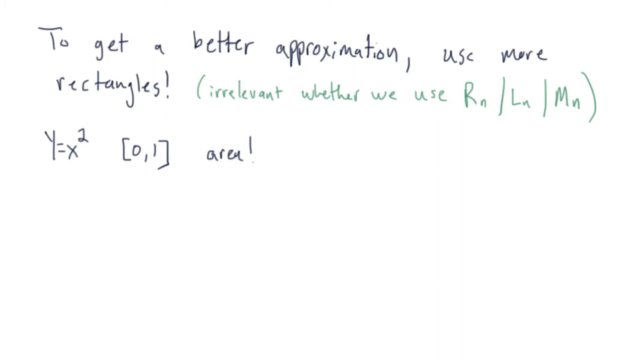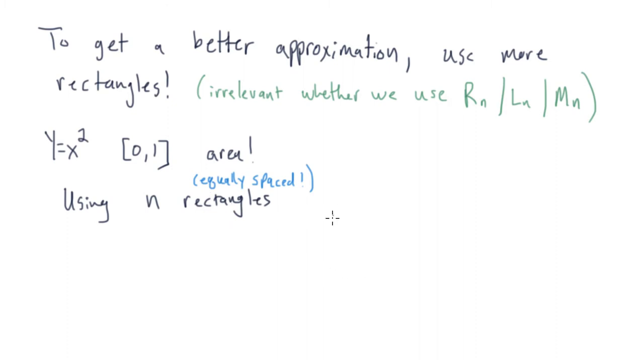Okay, so let's just write down what R sub n is in general. Well, we're going to use n rectangles, and of course, these are going to be equally spaced. Otherwise, things get unnecessarily complicated.